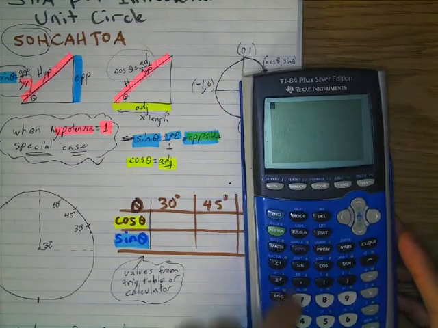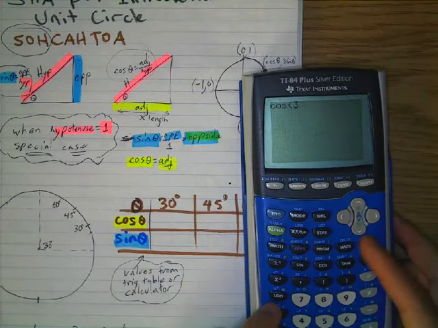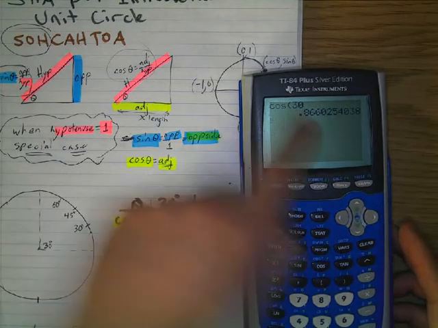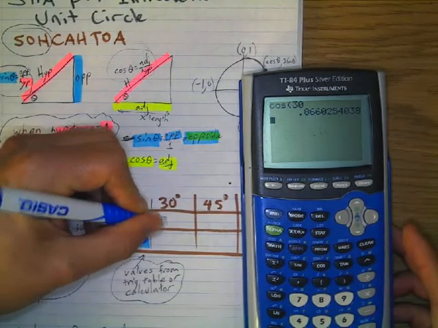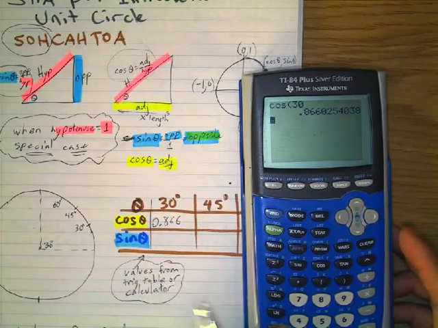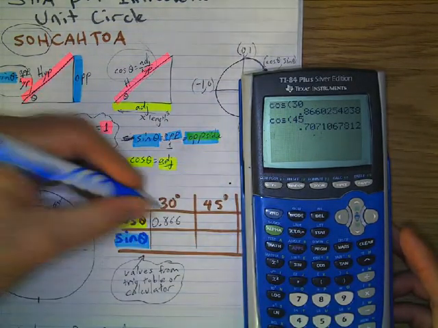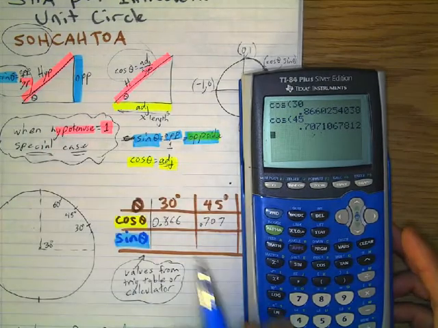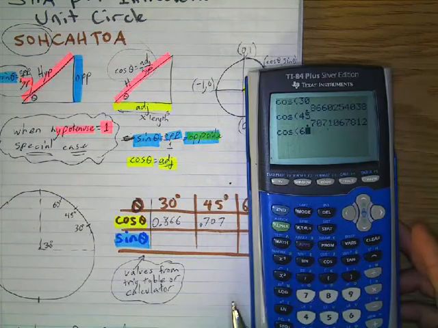Cosine of 30 is 0.866, cosine of 45 equals 0.707, and cosine of 60 is 0.5.